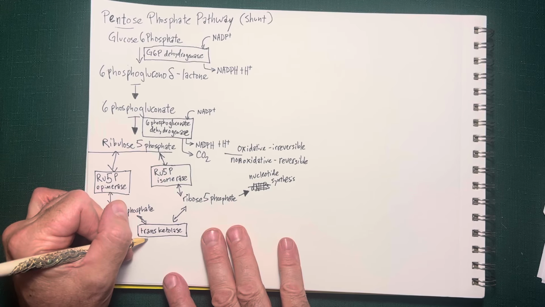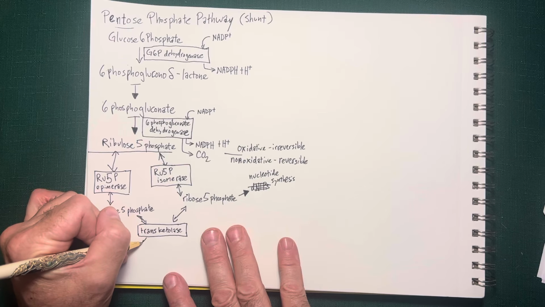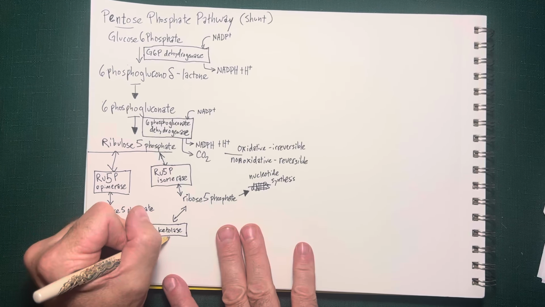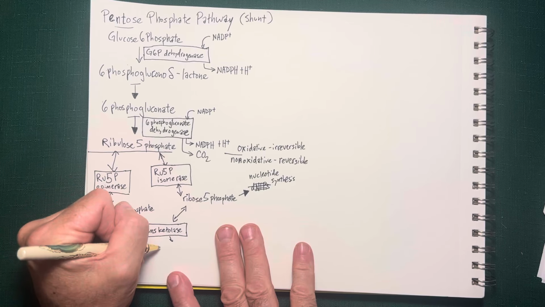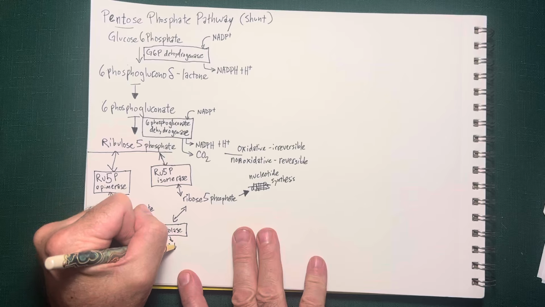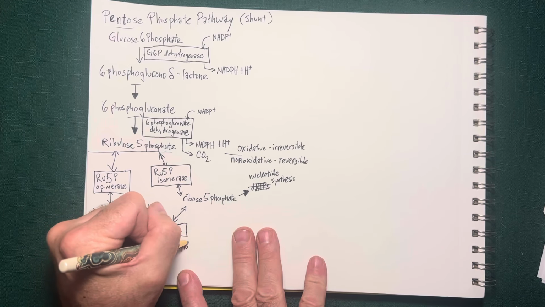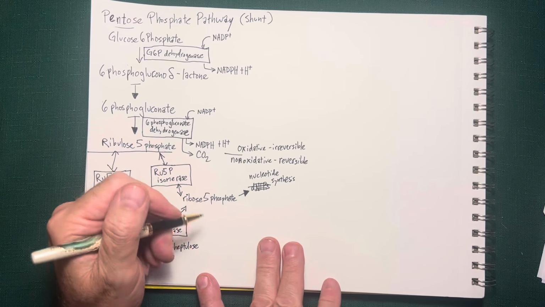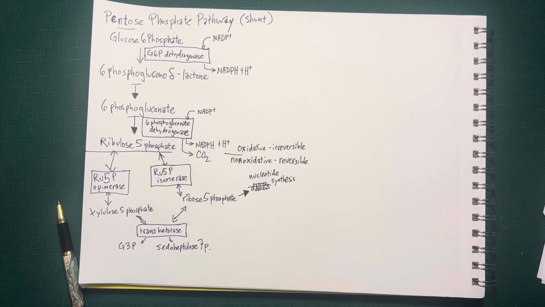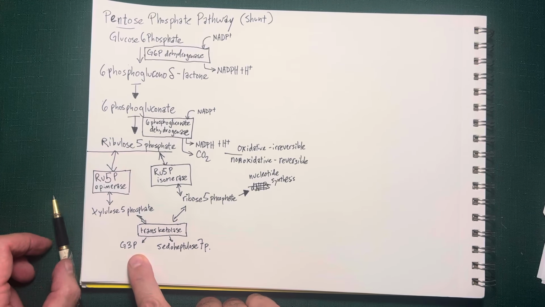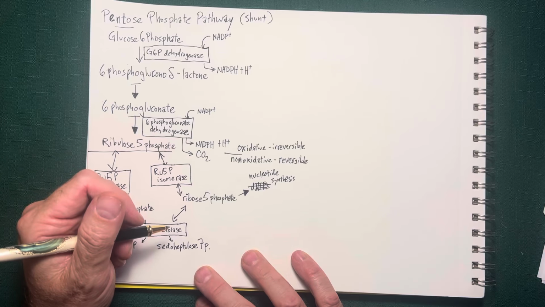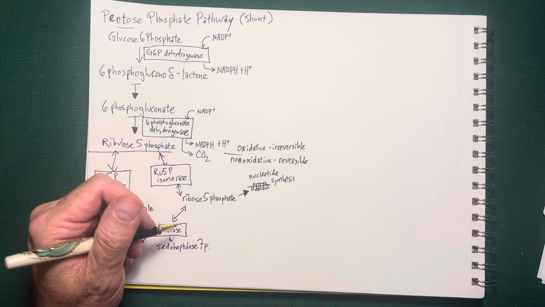And that's going to give us a molecule of G3P and a molecule of sedoheptulose 7-phosphate. So we've got a 3-carbon phosphorylated sugar and a 7-carbon phosphorylated sugar.